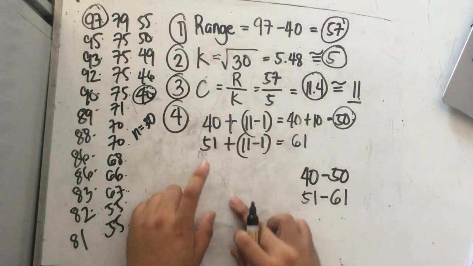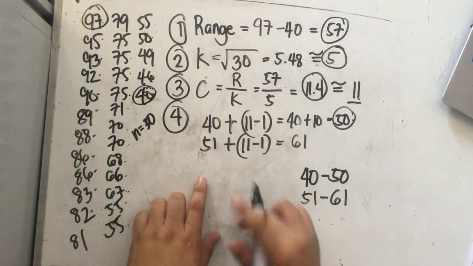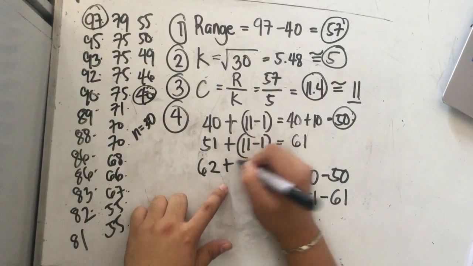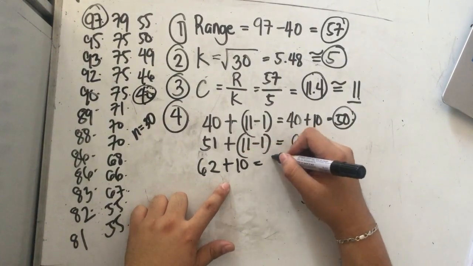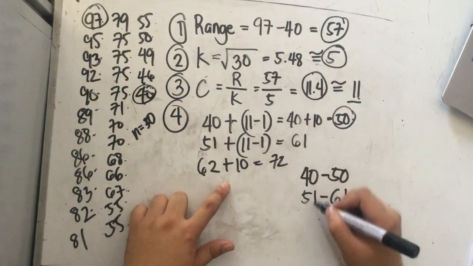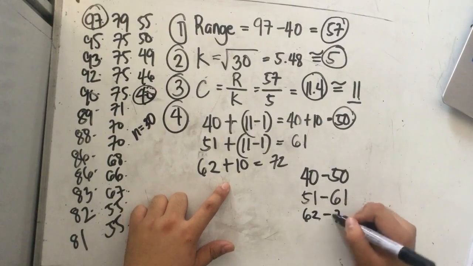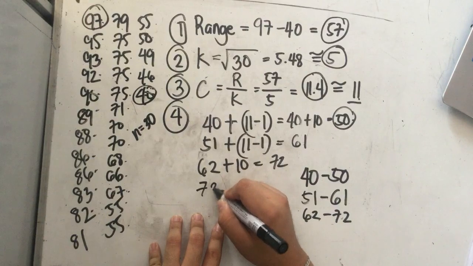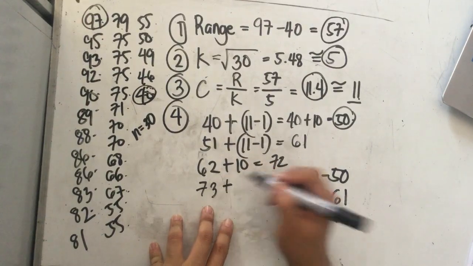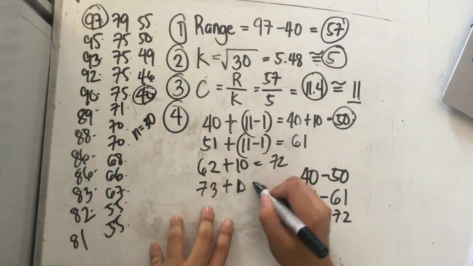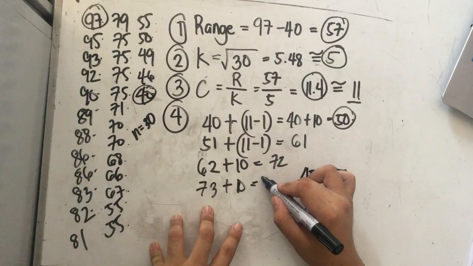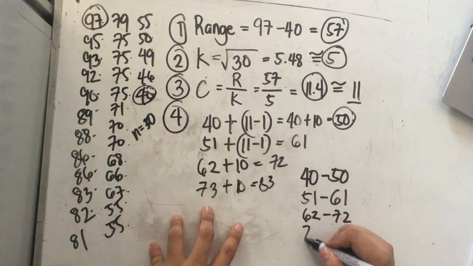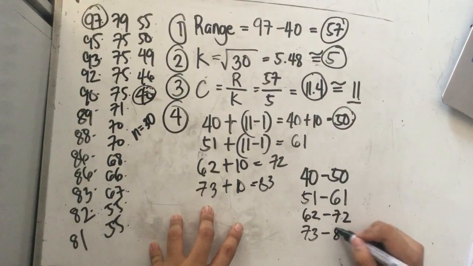Okay, so following the step, makukuha natin yung interval natin. 62 plus 10, we have 72. So 62 to 72. Then we have 73 plus 10, we get 83. So 73 to 83.